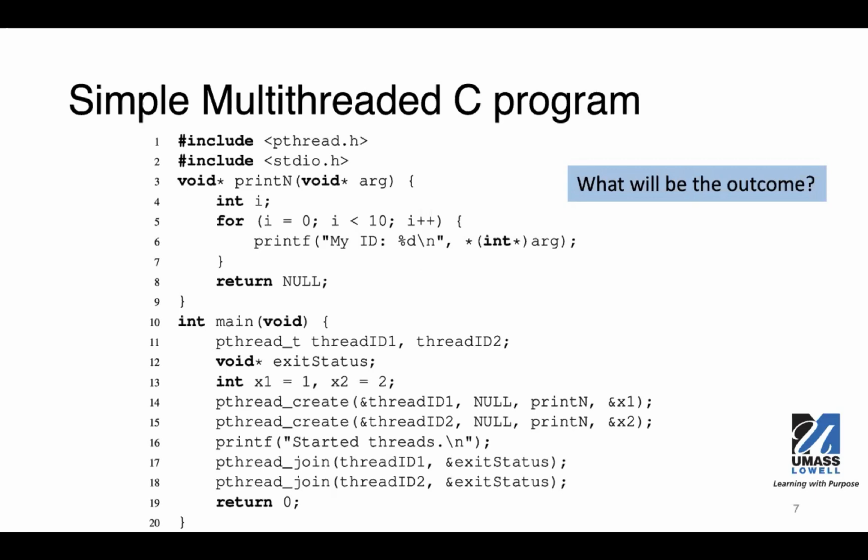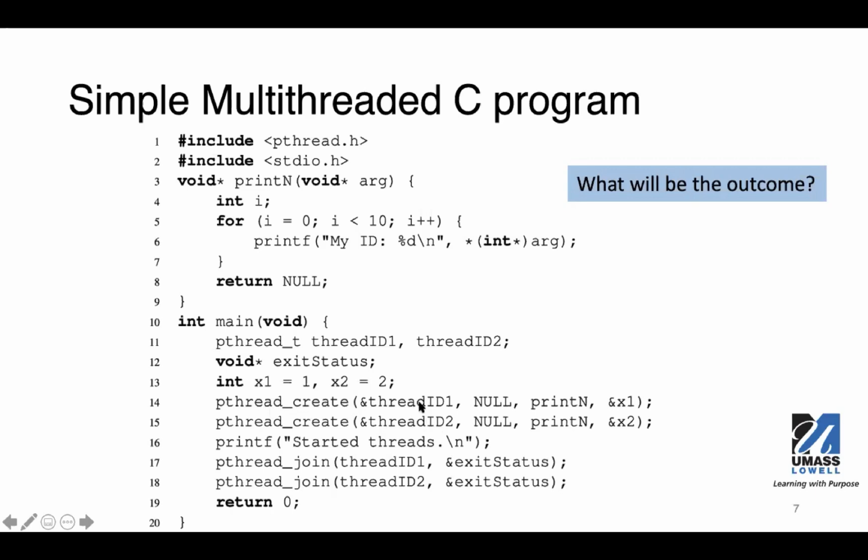Precisely, that's correct. This is a pthread API to create the thread. So this API call finishes immediately after it creates the thread. But the execution or the scheduling of this first thread is not necessarily before the execution or scheduling of the second thread.